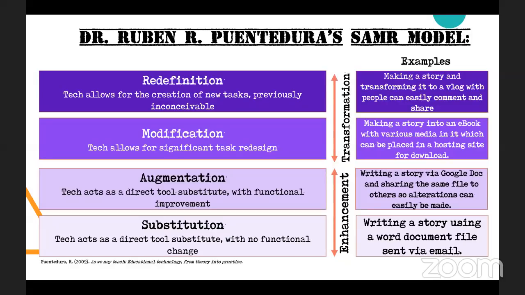You can make them do a group. You make them write it through a Google Doc or even Office Doc using Office 365, and you make them share the same file to others so that the members of that group can alter the same document and contribute in making that document.